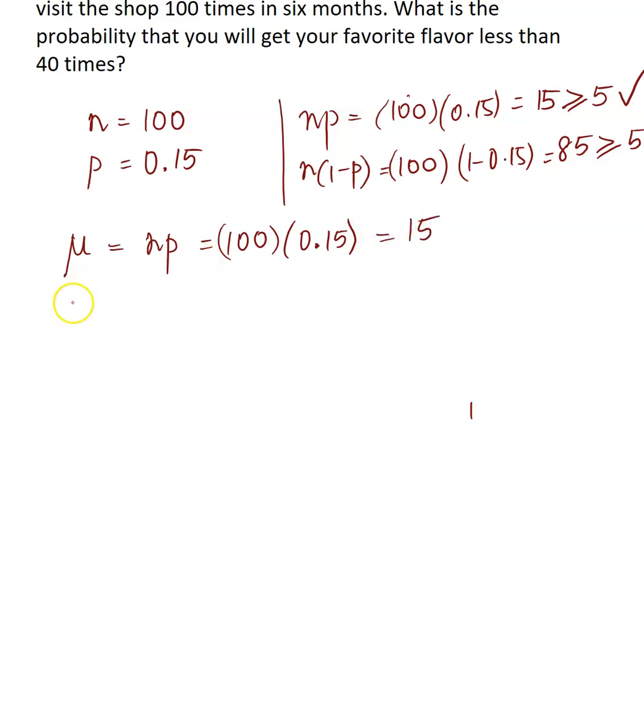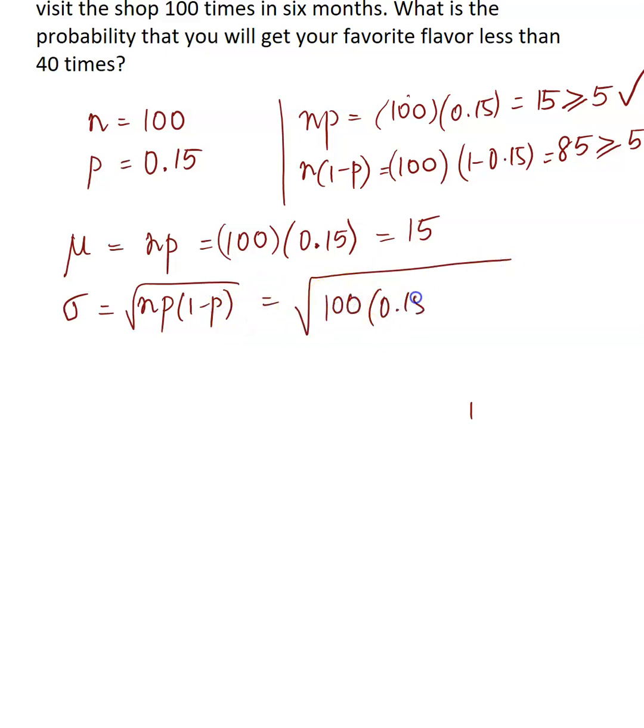For sigma, you can enter it as it is in your calculator: the square root of 100 times 0.15 times 1 minus 0.15. You'll enter all these things in your calculator, but let's quickly do the probability.